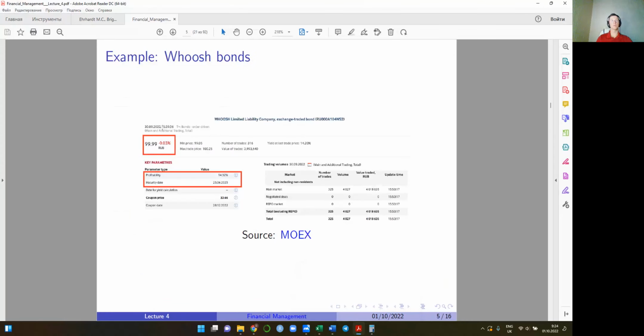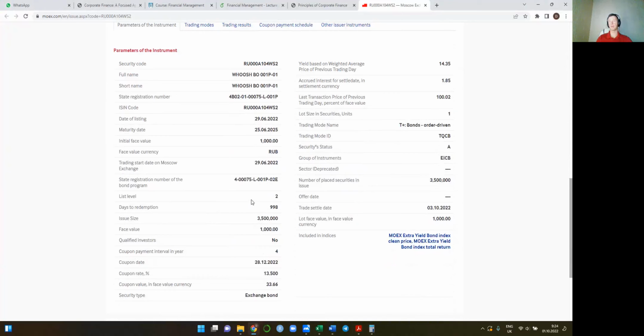Profitability went down to 14.2 compared to what we had here. It was 14.32. So this is a nice observation. When prices go up, profitability goes down. We'll talk about this later. And that's exactly the place where I found all the information.